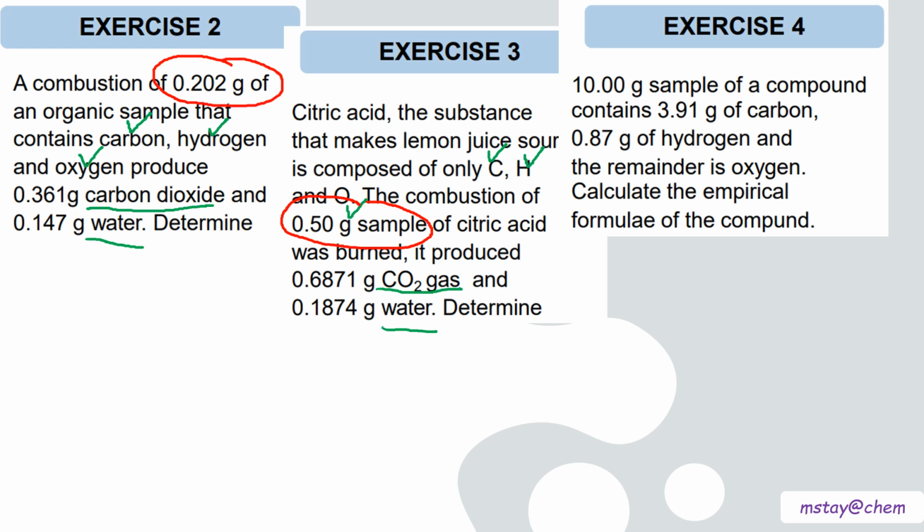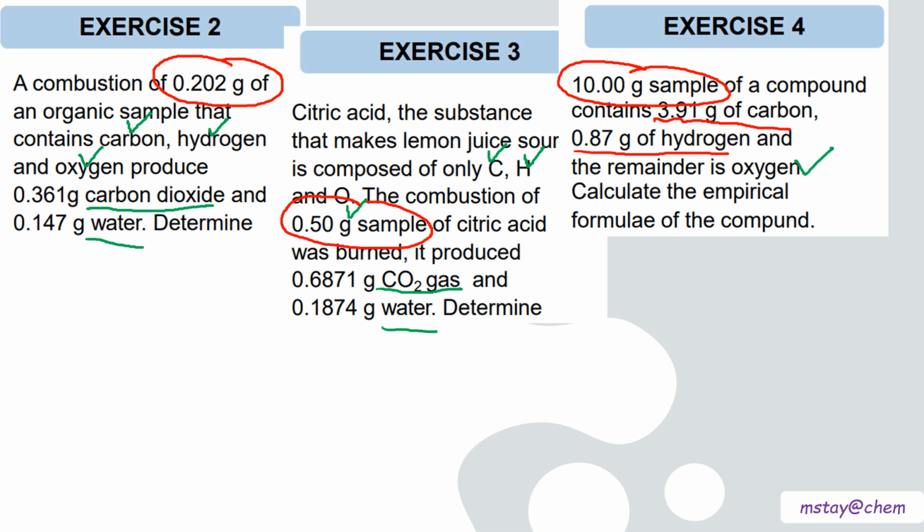Okay, for exercise 4 here, they do not give us the combustion data, but they give us the mass of carbon and hydrogen directly. But still in a similar case, you will use the mass of sample minus the mass of carbon and hydrogen to get the mass of oxygen.